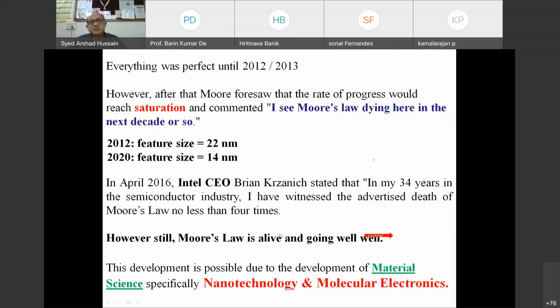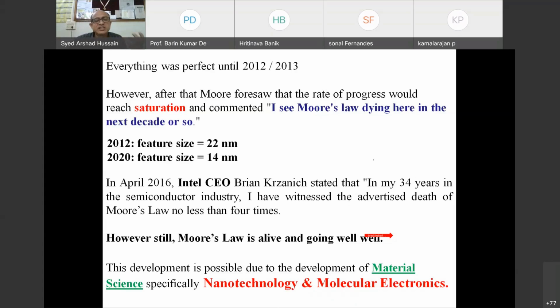At the same time, the CEO of Intel, Mr. Brian, commented that in his work period, in the last 34 years, he has witnessed several times people raise doubt about Moore's law. That means how much further we can go at lower dimensions. At the same time, he said, every time I have seen Moore's law going ahead, it's still alive.